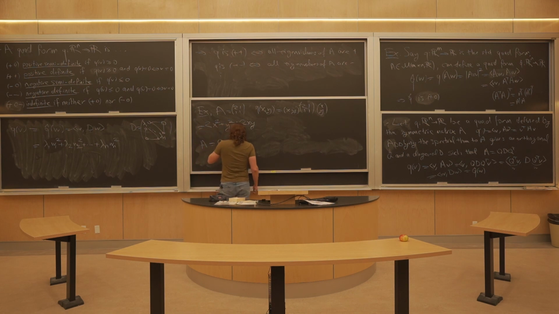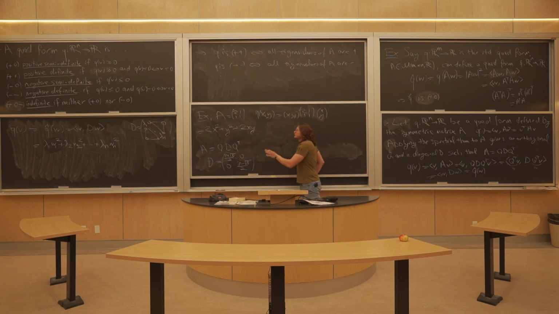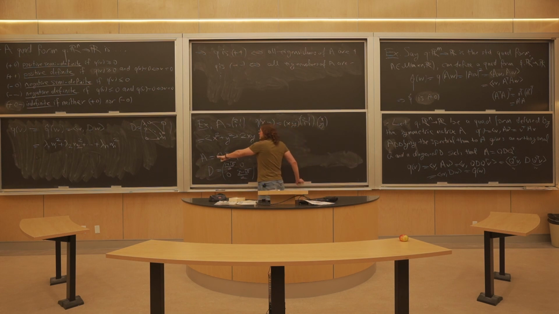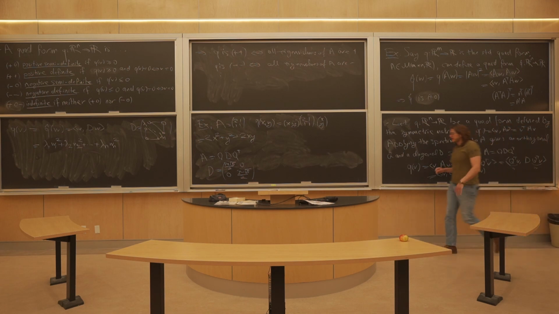So A is equal to Q D Q transpose for some orthogonal matrix Q, such that on the diagonal I have (3 plus root 5)/2 and (3 minus root 5)/2. Now, I don't want to use xy because I need this coordinate change. But insofar as I can do this coordinate change and switch over to w, which is Q transpose times (x, y), whatever that is.